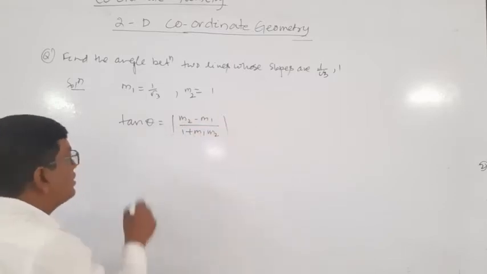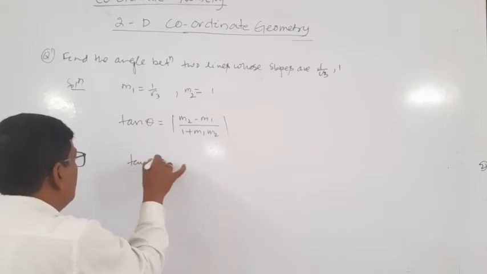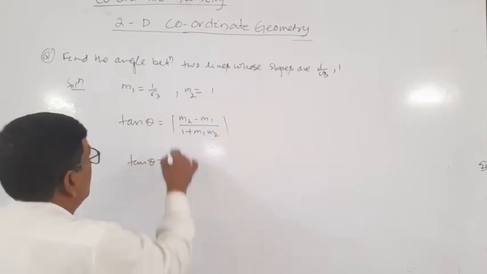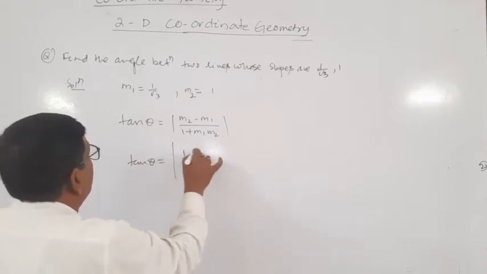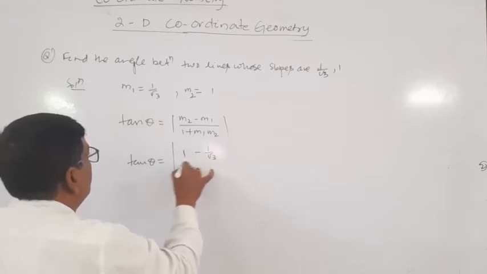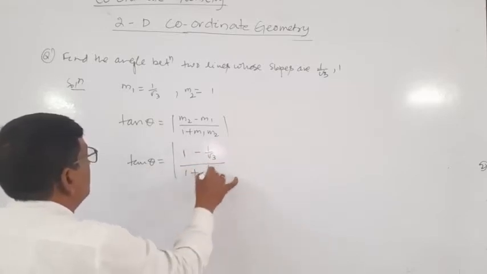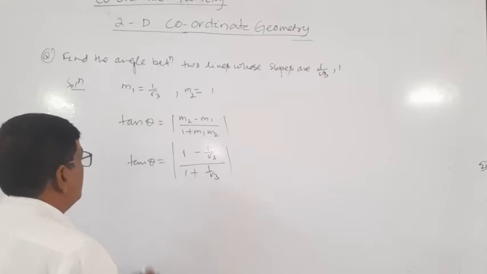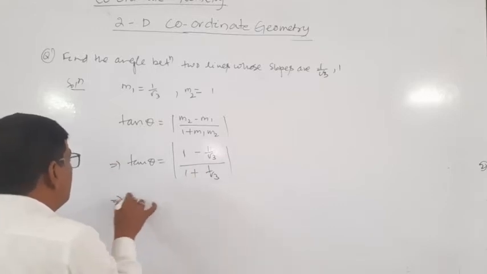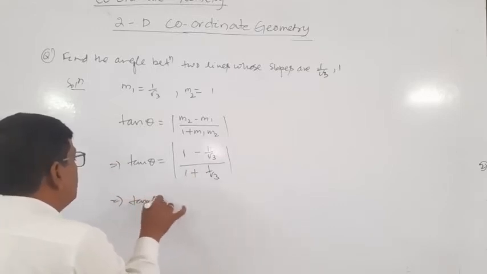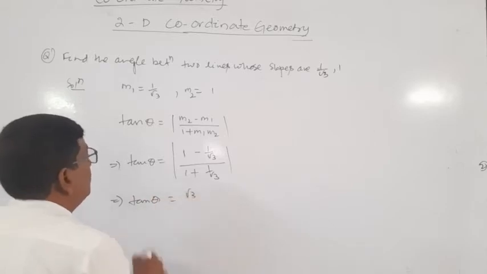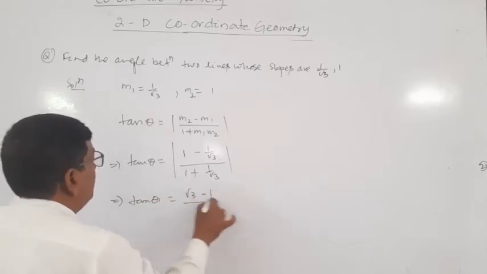So tan theta is equal to mod of 1 minus 1 by root 3 divided by 1 plus 1 by root 3. So tan theta is equal to (root 3 minus 1) by (root 3 plus 1).